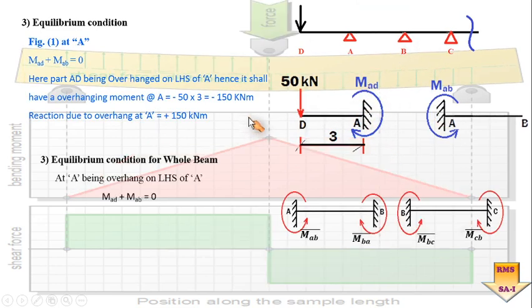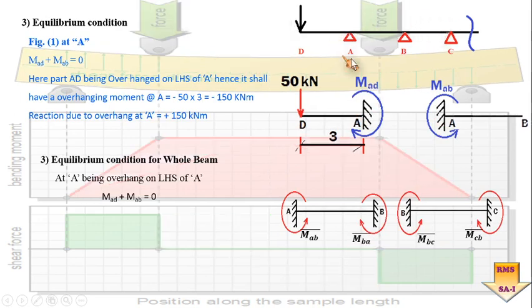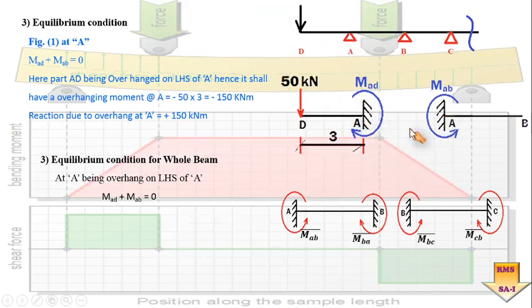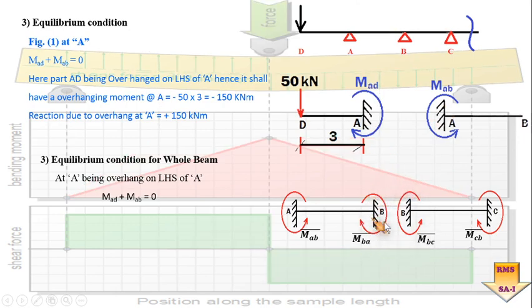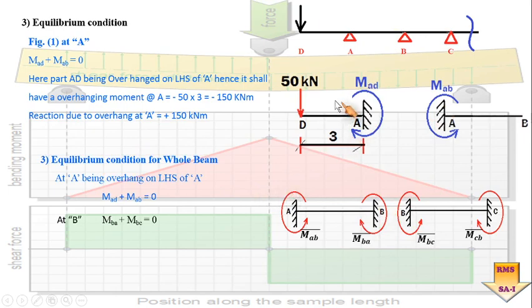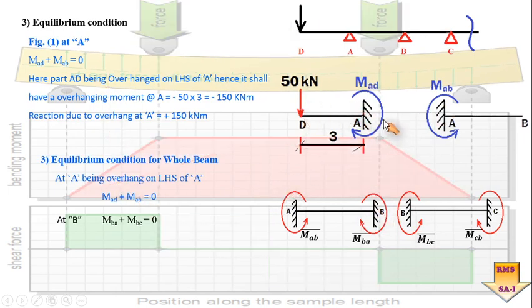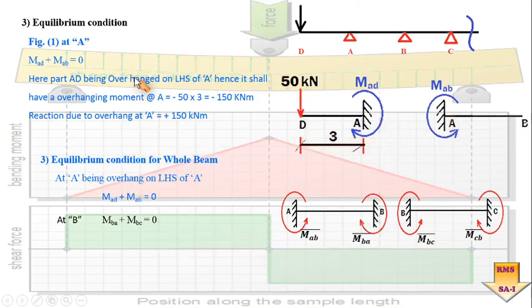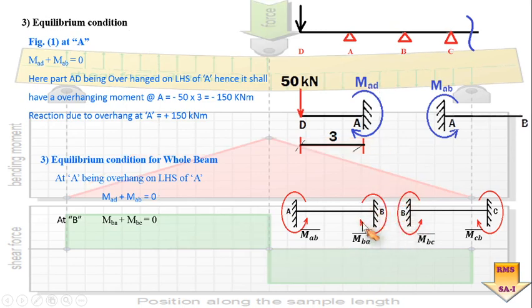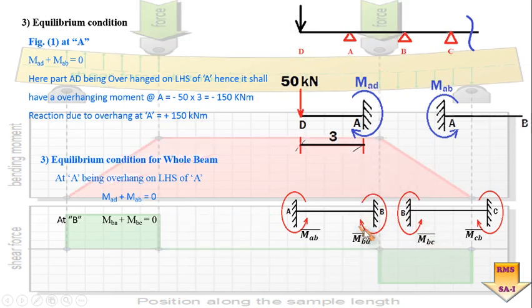Moving ahead, let us understand what is to be done with the remaining joints, as I have taken here only the joint about which there was an overhang, DA. Is it okay? So joint A we have taken. Now what happens about this joint B? So this MAD plus MAB is equal to 0, that already we have seen, and the second equilibrium condition about joint B will be MBA plus MBC should be equal to 0.